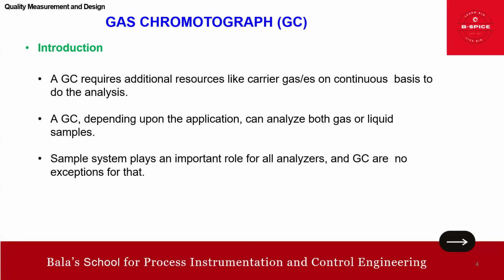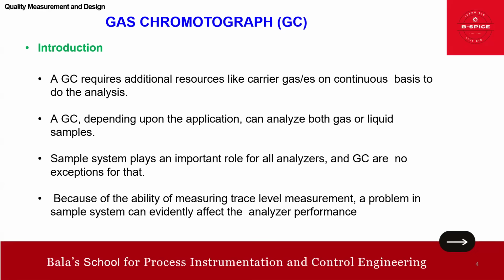Because of the ability to measure trace levels, a problem in the sample system can immediately affect the analyzer performance. So you can understand the importance of the sample system.